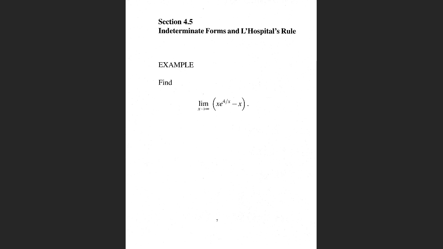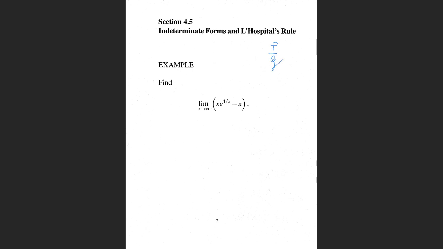So these L'Hopital rule problems are, in a sense, almost like little puzzles that you have to solve. And this one here, it may not be obvious what to do, but again, we need to have a ratio of two functions, f over g.